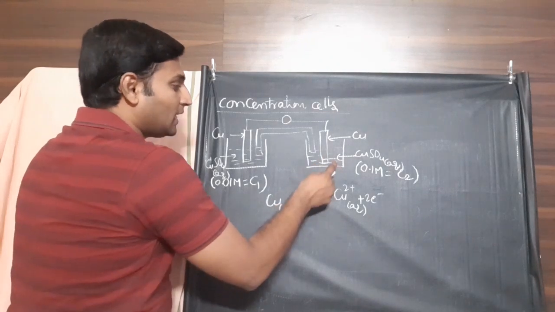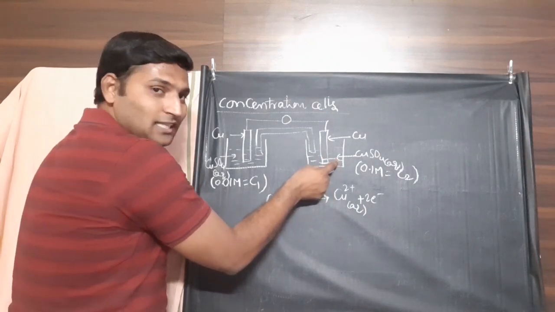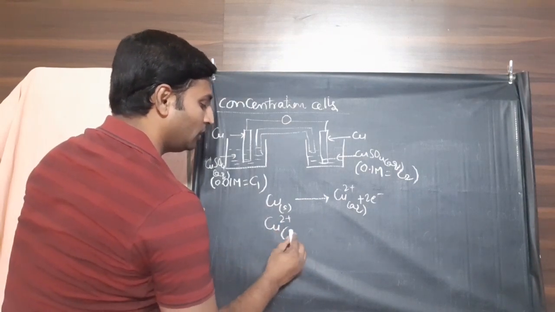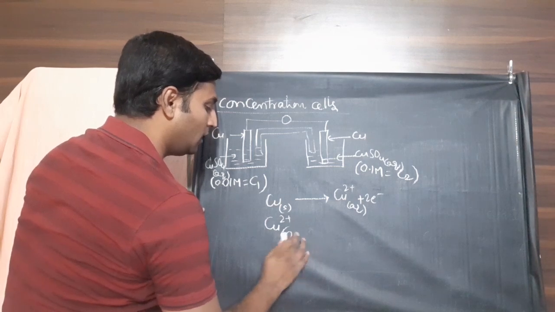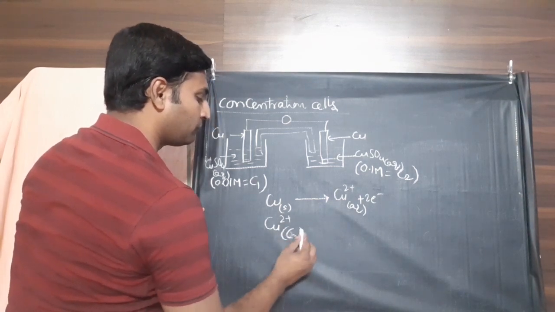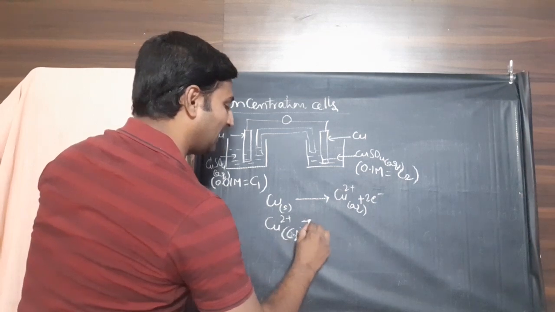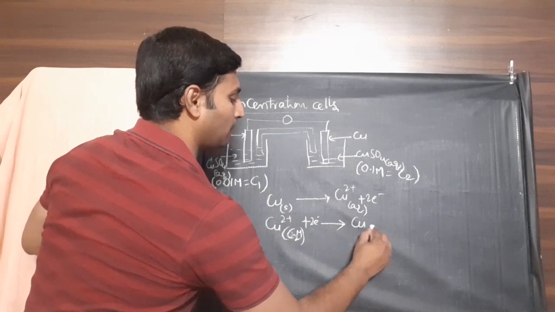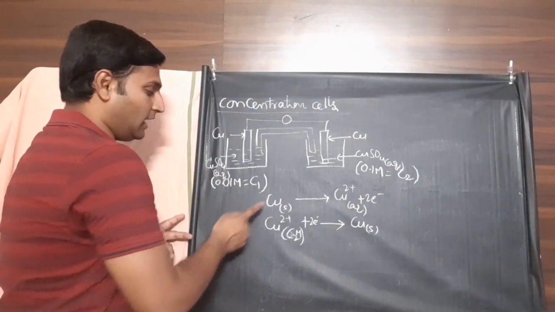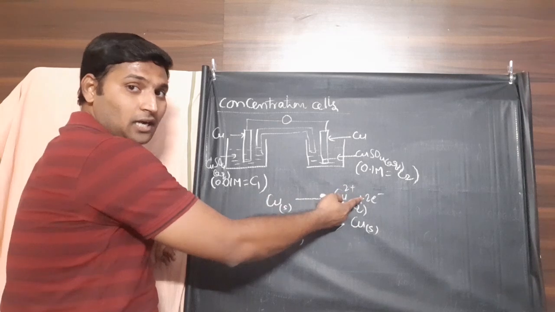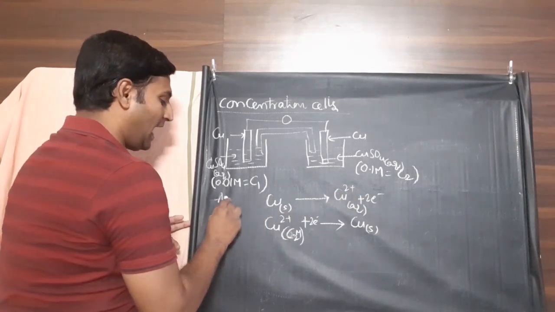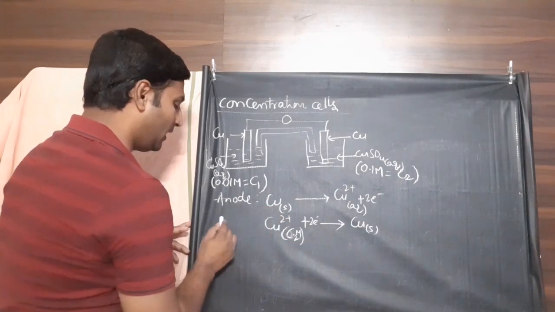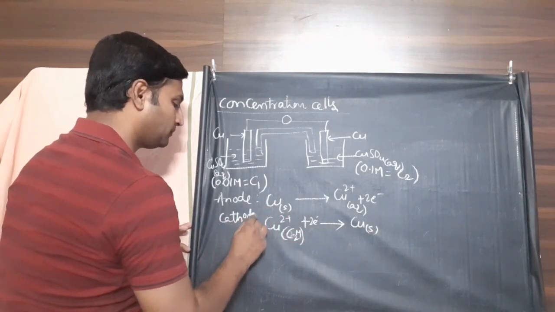Then, for the concentration of cations to decrease in this solution, the copper cations, which have a concentration of C2 molar, have to gain 2 electrons and then become copper solid. Now, you know very well, where there is loss of electrons, that means oxidation happening, you call it anode. Where there is gain of electrons, that is reduction happening, you call it cathode.